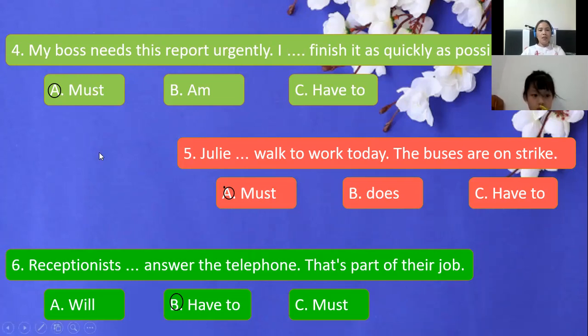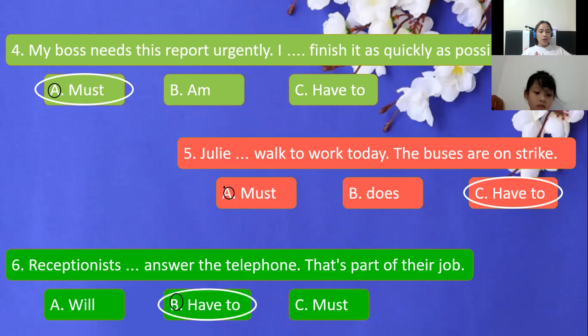Okay, my boss needs this report urgently. I must finish it as quickly as possible. Julie has to walk to work today. The buses are on strike. Receptionists have to answer the telephone. That's part of their job. Okay, read them all again. My boss needs this report urgently. I must finish it as quickly as possible.